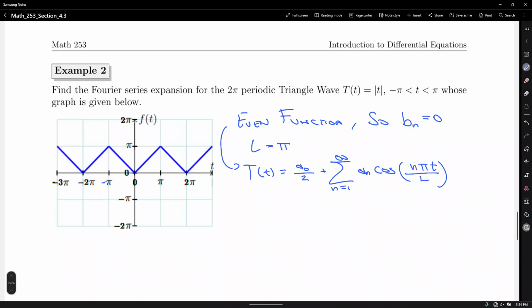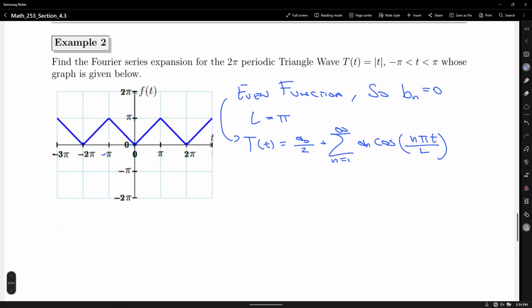It doesn't matter, right? These are just dummy variables. Okay. So number one, a sub 0 equals 1 over L integral from negative L to L of the function T of t, dt.